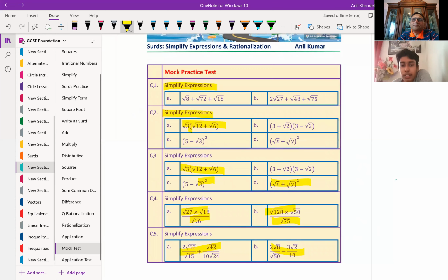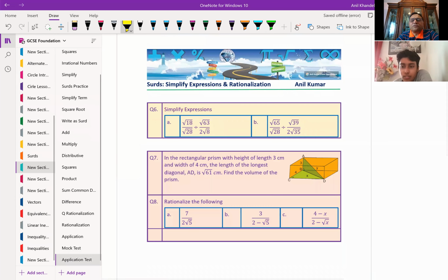Okay. And here's the last question for you, which is again simplifying but using division. The important thing here is division means multiplication, right? So this particular question is basically the square root of 18 over the square root of 28, divided by the square root of 2 over the square root of 63.